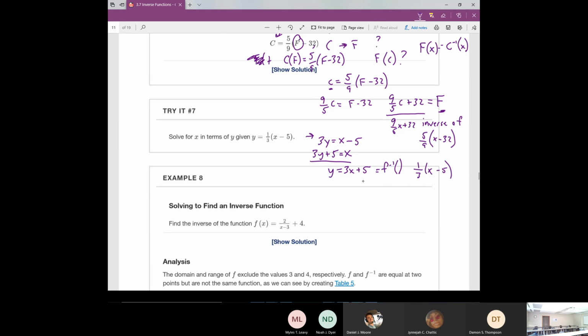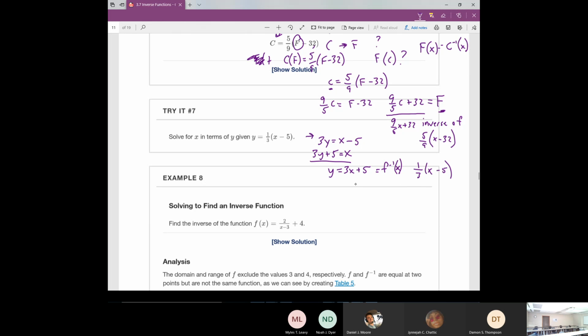This function is doing the exact inverse of this function. Well, what would go inside the parentheses next to the f? We put an x in there. Basically, any variable goes in there.